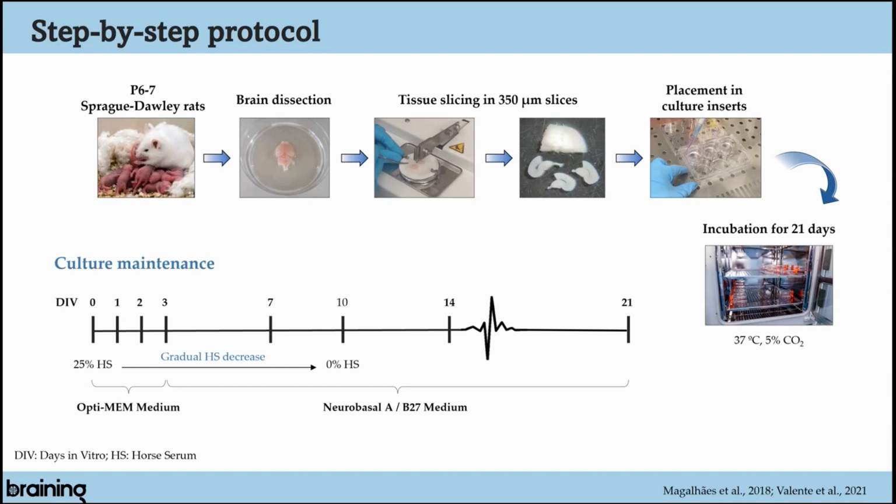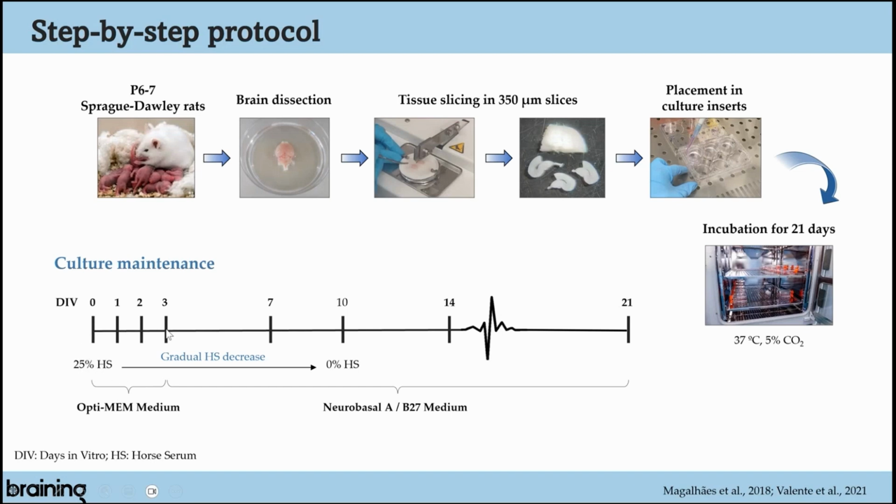Not changing the whole media makes a huge difference, because if you only change half, that means that you go from 25% horse serum to 12.5%. And I wasn't doing that. Because I really didn't know what people were doing, I decided, well, let's create something here. So our culture maintenance now, the one we've established, is that the slices are kept in 25% horse serum until day 3.